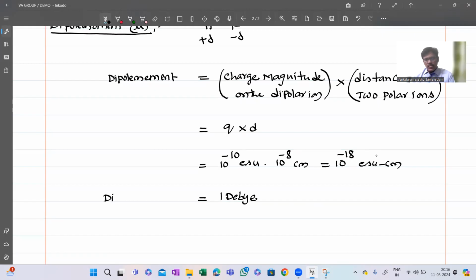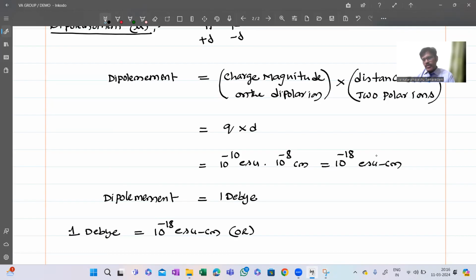That means dipole moment can be expressed in terms of Debye. 1 Debye is equal to 10 power minus 18 electrostatic unit centimeters, or sometimes they will take 3.33 into 10 power minus 30 coulomb meter.